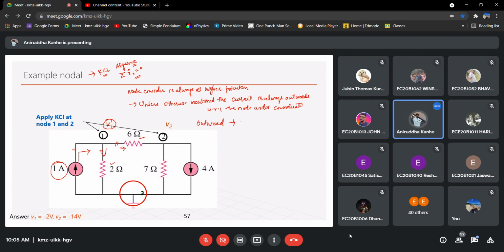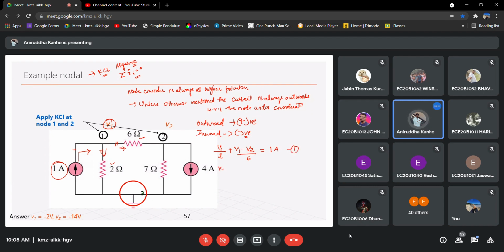Outward we are taking positive, and inward we are taking negative. So one can write it as V1 divided by 2 plus (V1 minus V2) divided by 6 is equal to 1 ampere. This is your equation number 1.